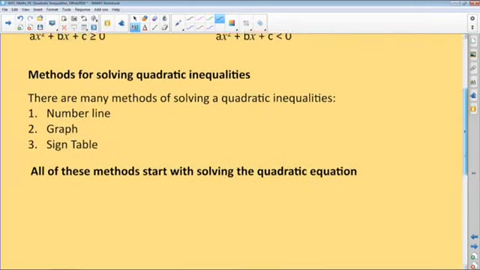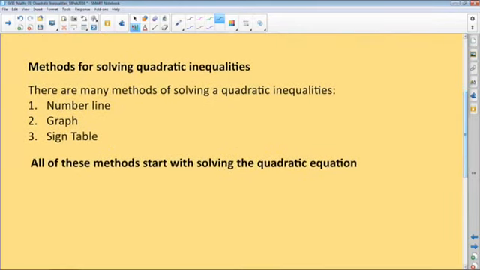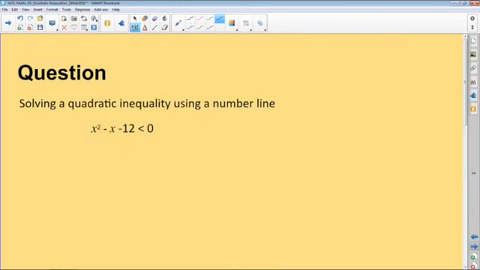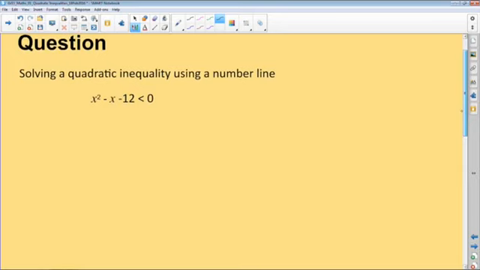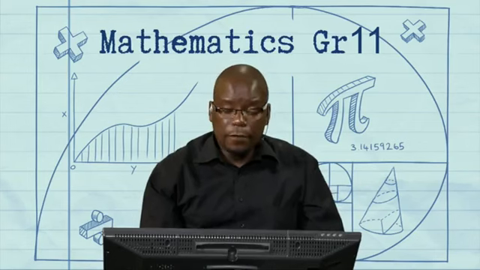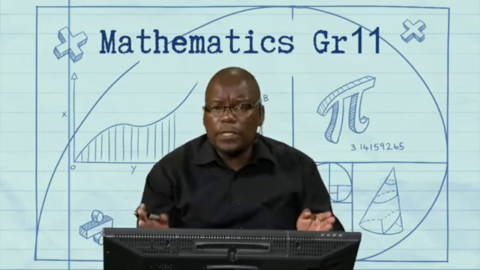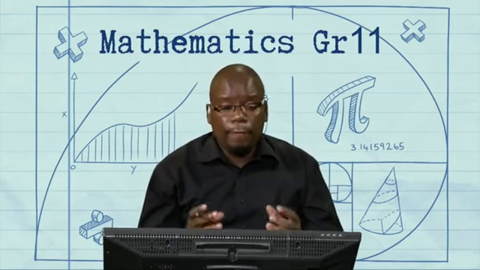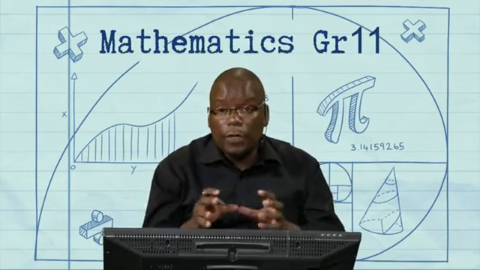Now, all of these methods start with solving a quadratic equation, all right? And then now, moving on, giving this example, guys: solve a quadratic inequality using a number line, right? First of all, we said all of these methods, you have to first solve the quadratic.